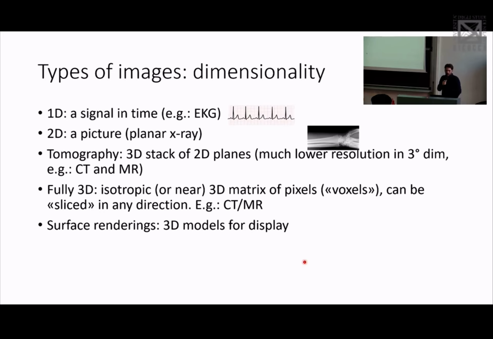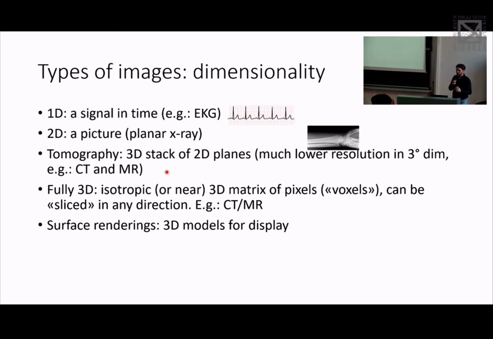You can also categorize using dimensionality. So a printed signal like an ECG is a 1D line. An X-ray is a 2D picture, like here, the typical X-ray of an arm. A tomography, you have a 3D stack of 2D planes.